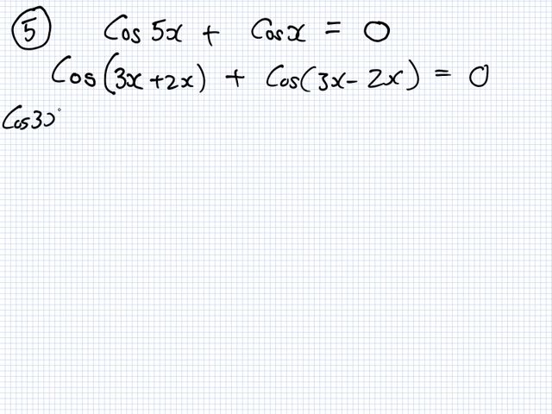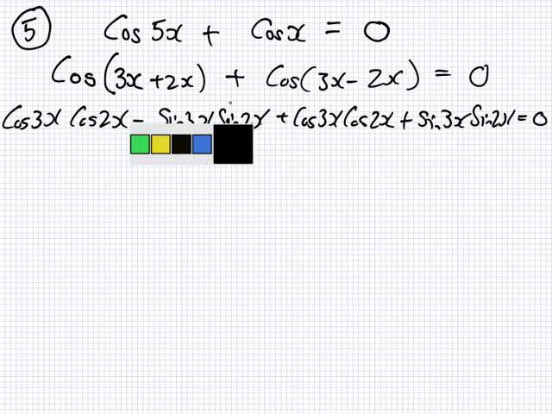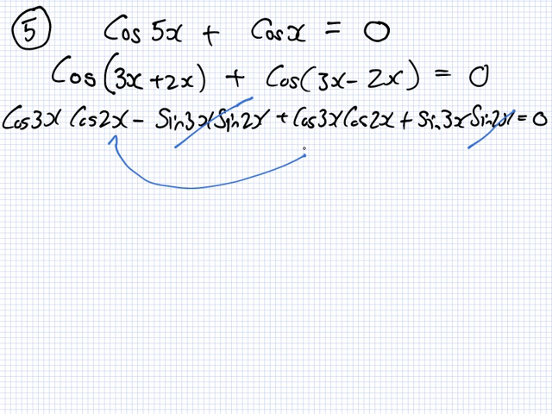Cos A cos B minus sine A sine B plus cos A cos B plus sine A sine B. Now that's very helpful because two things cancel here. Can you see that this piece will cancel with this piece, and these two are the same?